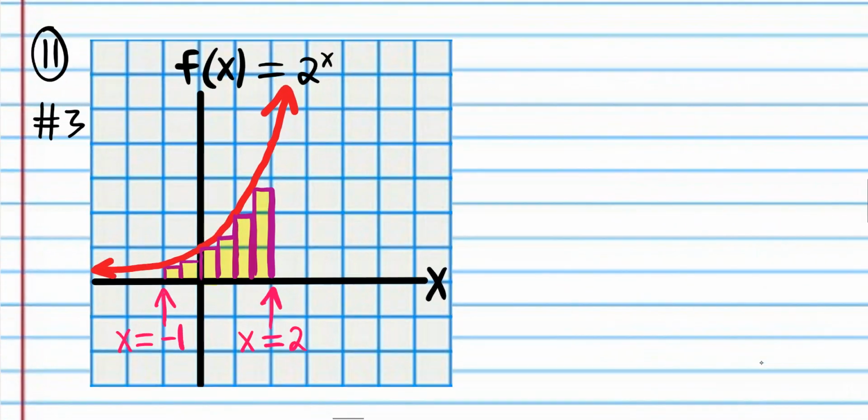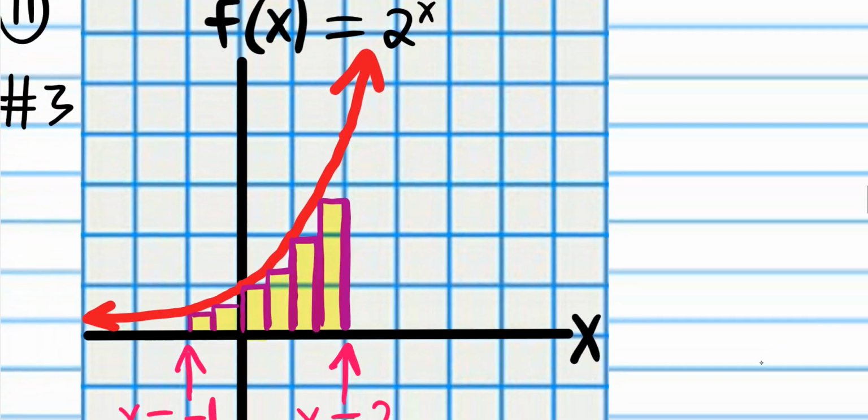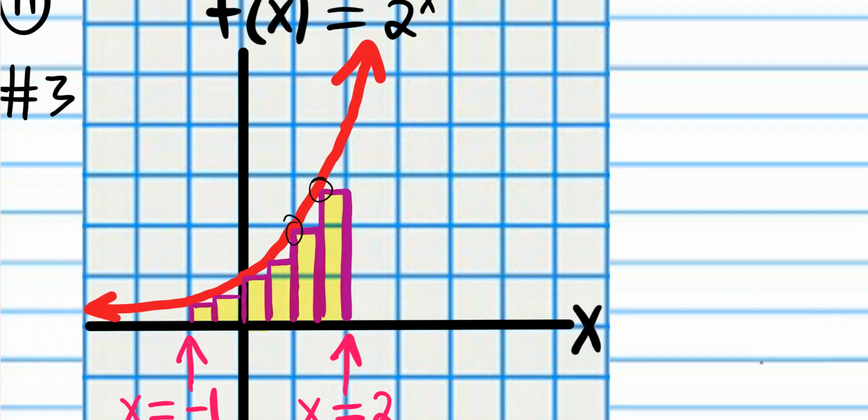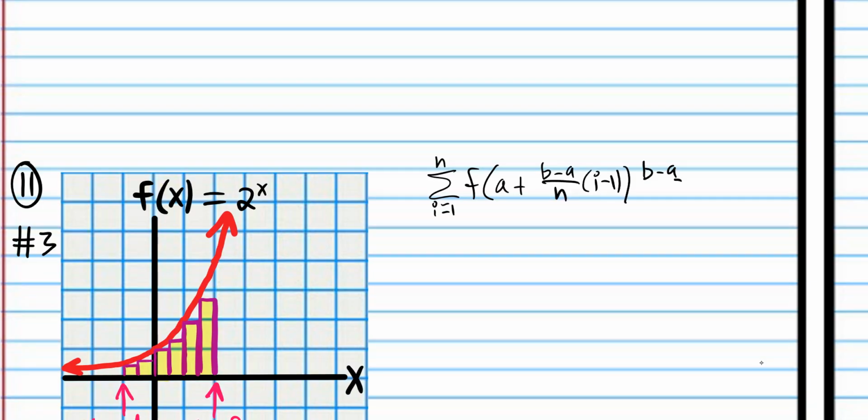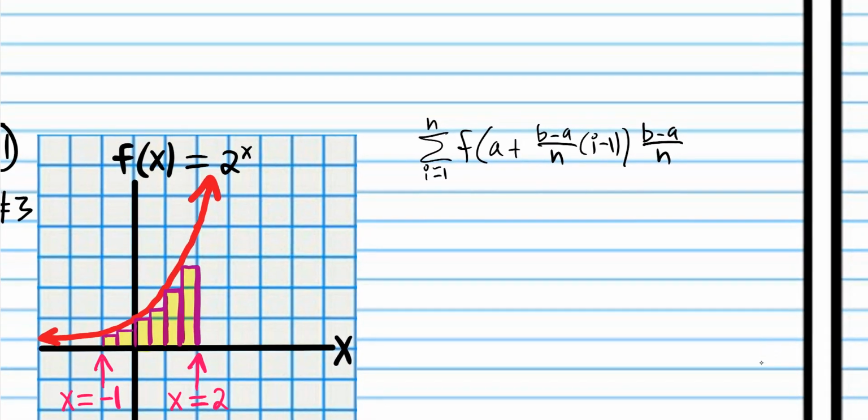So now notice that again, we're going back to left endpoints because the upper left corner of the rectangle is touching the graph. So I'm just going to write out the formula for left endpoints so I don't have to go over there and cut and paste. So we have I minus 1. When you have left endpoints, you need I minus 1. So how many rectangles do we have? 1, 2, 3, 4, 5, 6.